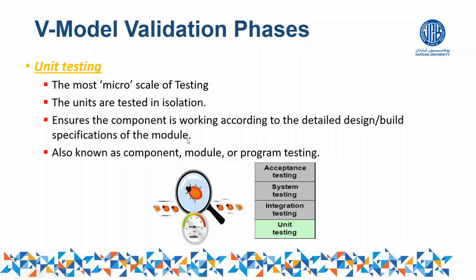Remember, in module design we create the module, and that module design is the detailed design or low level design. In unit testing, each module would be tested, its functionality will be tested.